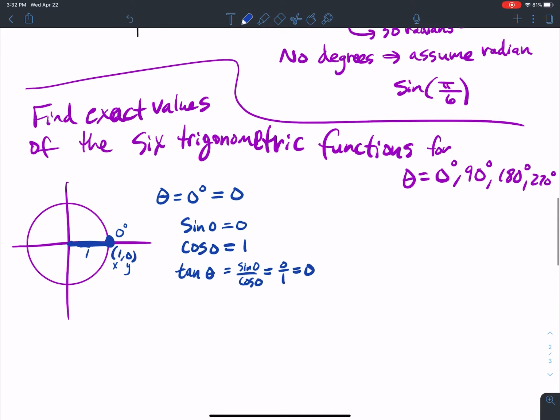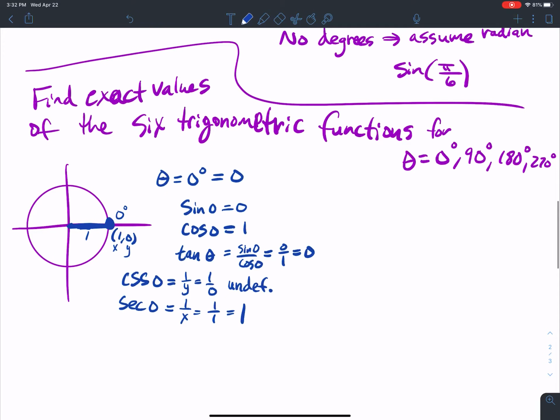Let's do the other ones. Cosecant of 0: remember this is 1 over y, the reciprocal, so that's 1 over 0. That's undefined. Secant of 0 is 1 over x, which is 1 over 1, which is 1.